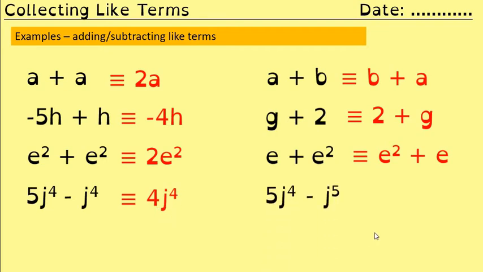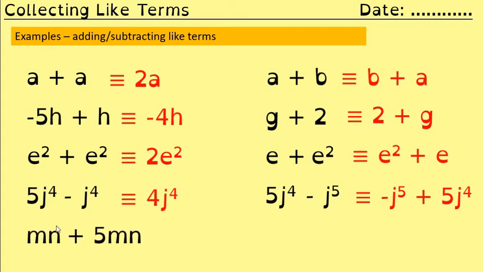The next example is positive 5j to the power of 4 and negative j to the power of 5. These are unlike terms because they have the same variable j but a different power. So they cannot be collected together, they can only be rearranged to give a different expression, negative j to the power of 5 plus j to the power of 4.